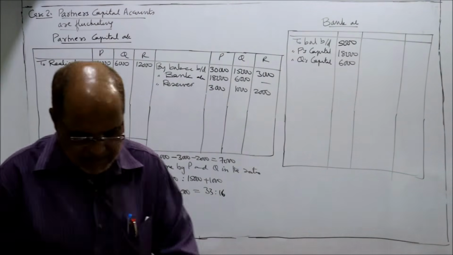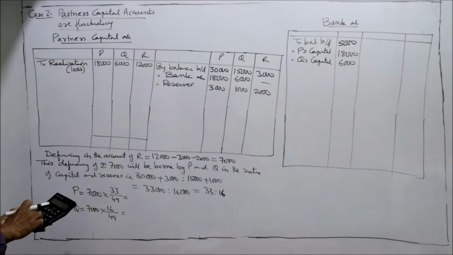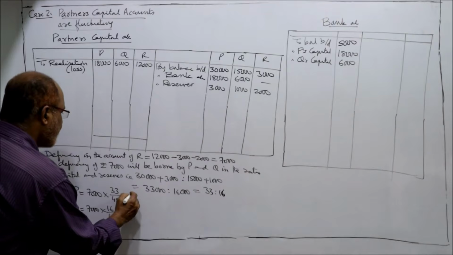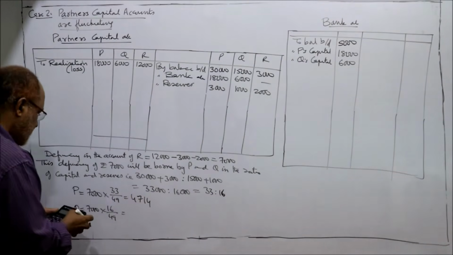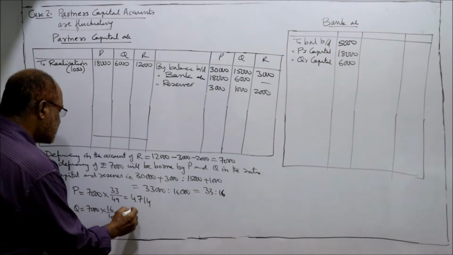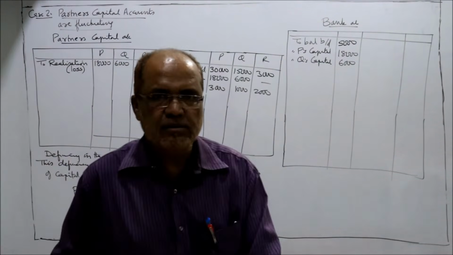Now we'll calculate and see how much share each partner will get. 7,000 into 33 divided by 49 is 4,714. Similarly, 7,000 into 16 divided by 49 is 2,286.